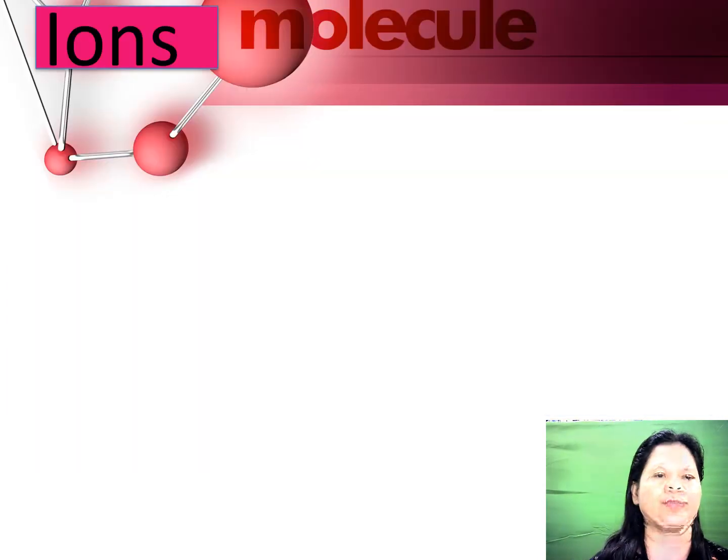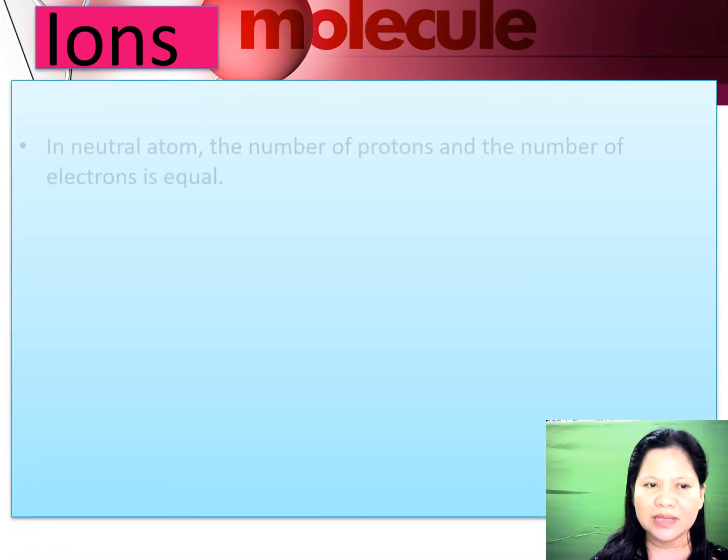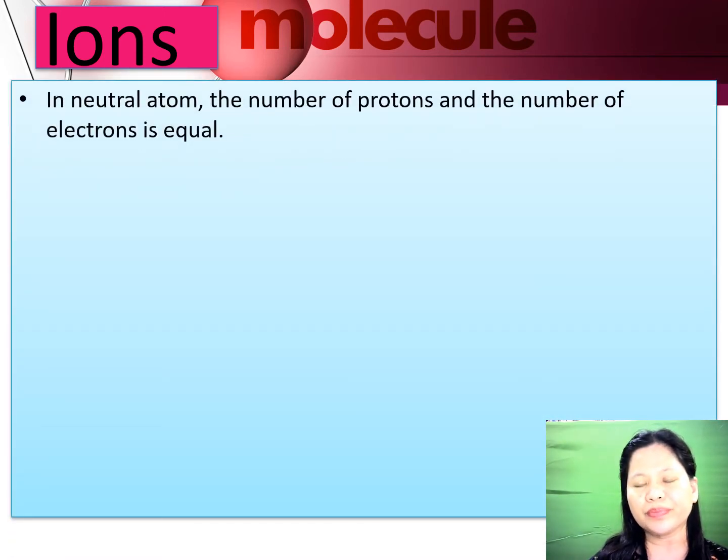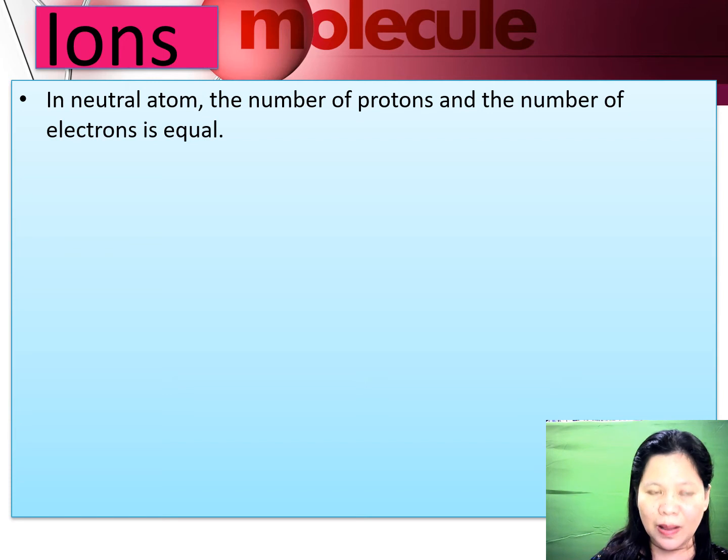Okay, next. What about ions? When do you say it is an ion? In neutral atoms, the number of protons and the number of electrons is equal. But in the case of ions, it differs. Remember in mathematics, when it is positive, meaning there is an addition.